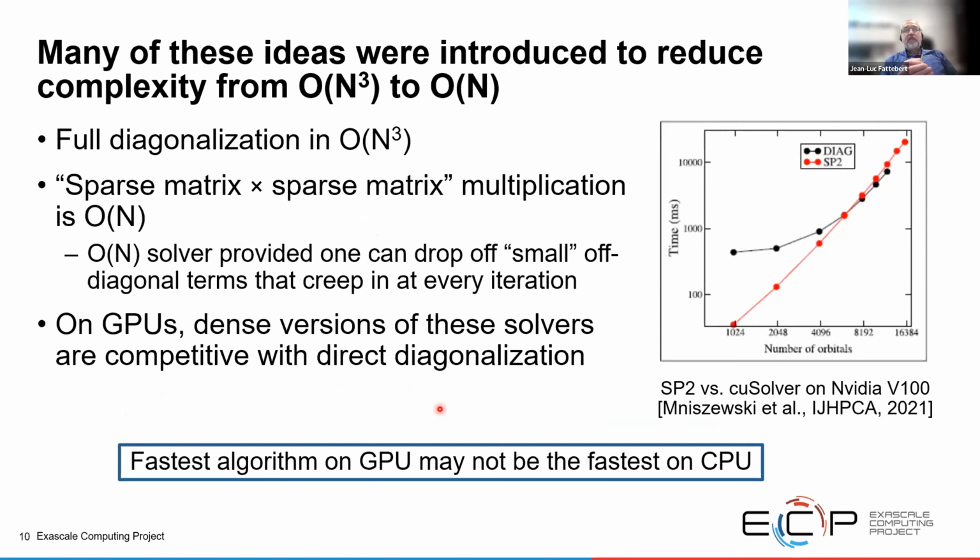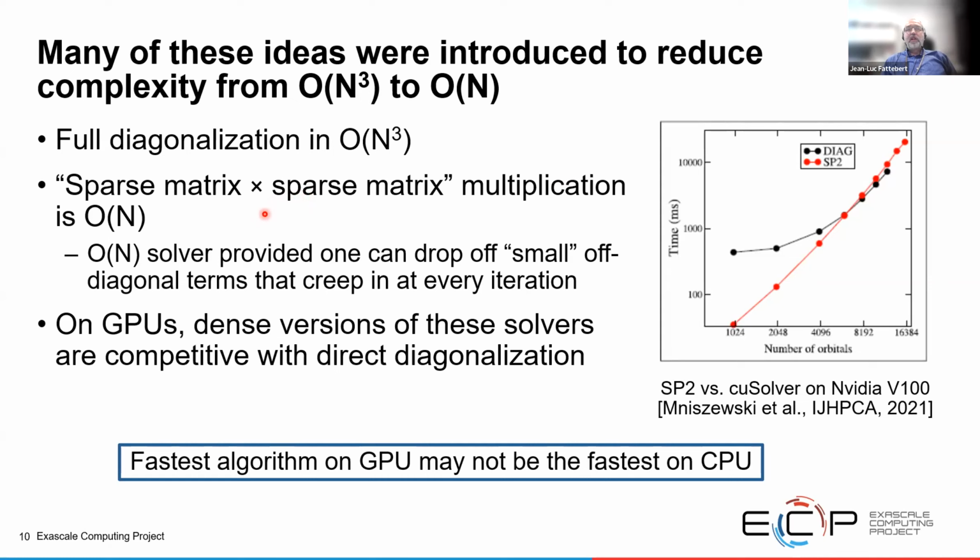These are actually ideas that were introduced in the 90s and early 2000s with the idea of reducing the cost of the electronic structure calculation for very large systems, going from an n cube scaling to an order n scaling. And the idea behind that was that if you rely simply on matrix multiplication, when you take one sparse matrix and multiply it by another sparse matrix, this is an order n operation.